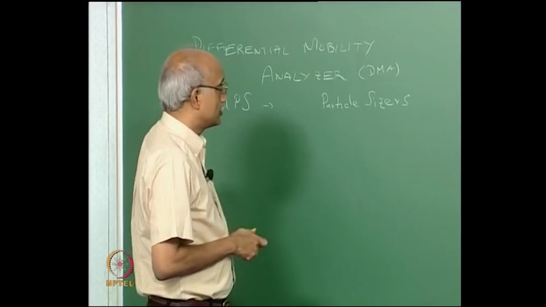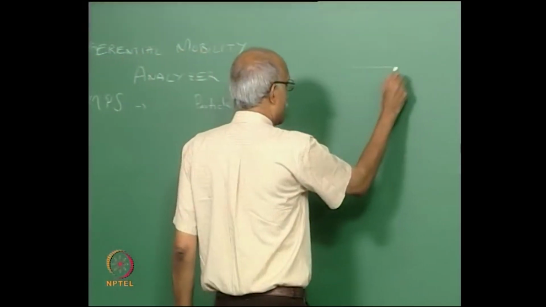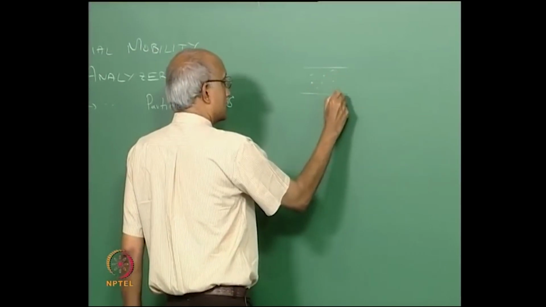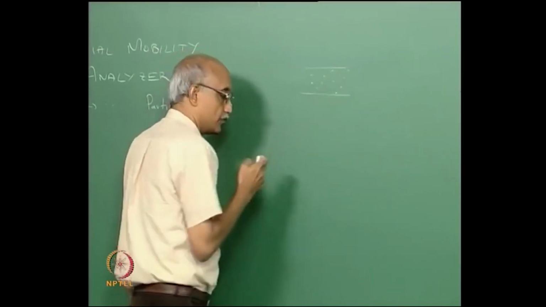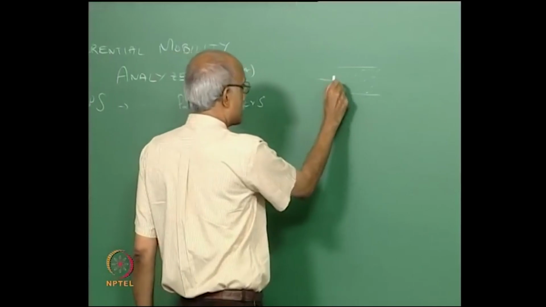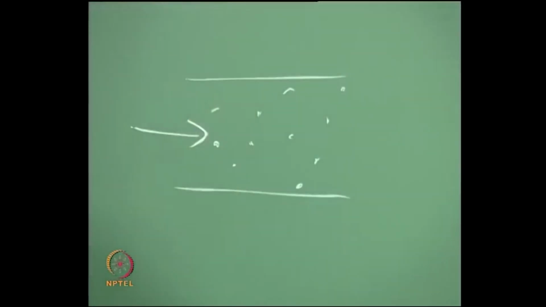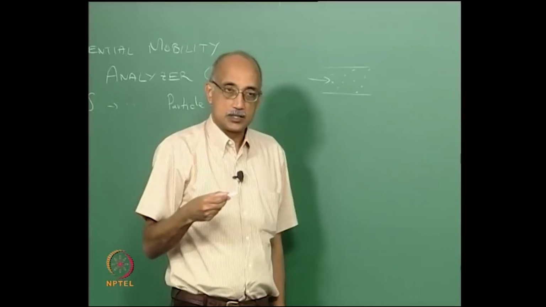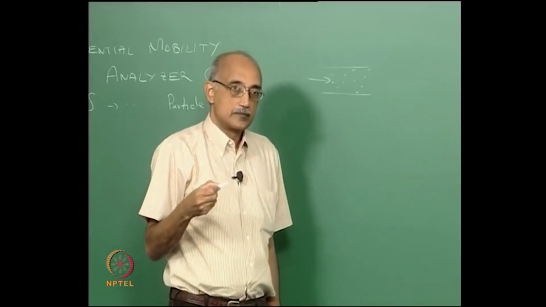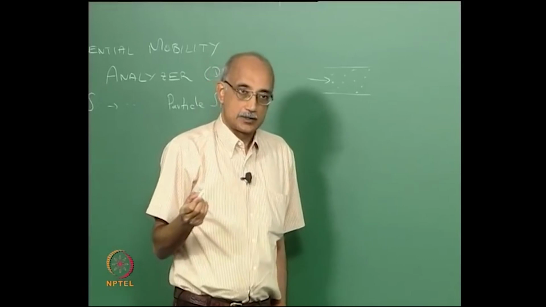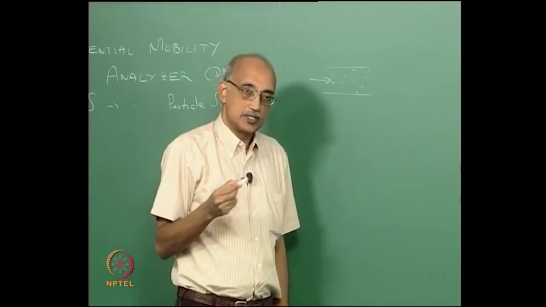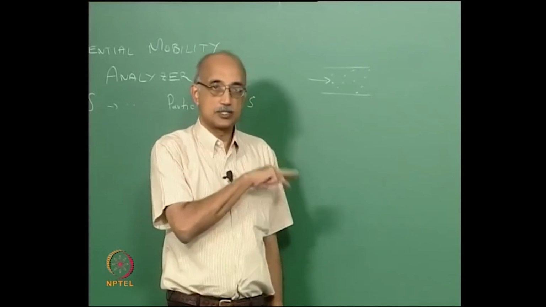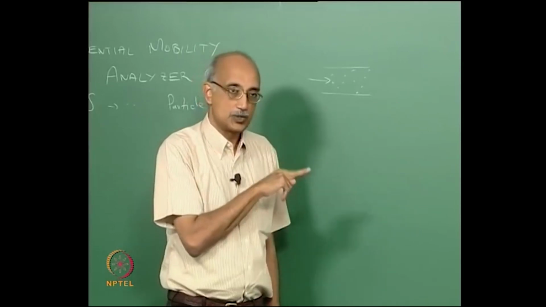So, what you could do is, let us say that you have a stream of particles that are suspended in a fluid and it is flowing in this direction. You may recall that we had looked at a similar setup in the larger particle size ranges where we looked at cascade impactors. If you remember, the principle behind a cascade impactor is almost the exact reverse of the principle behind a diffusion battery.